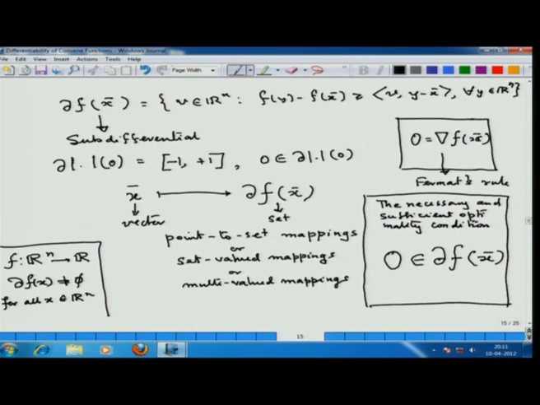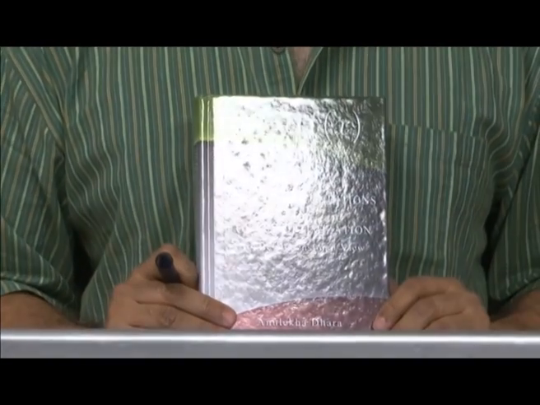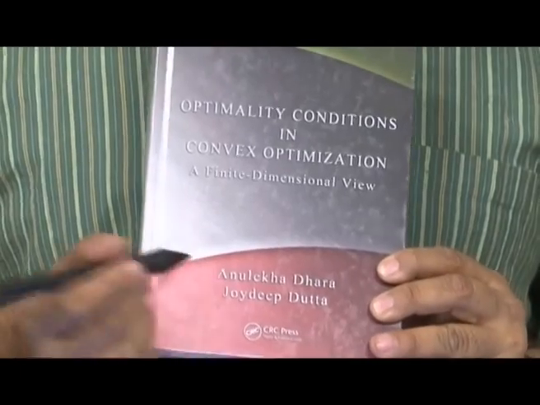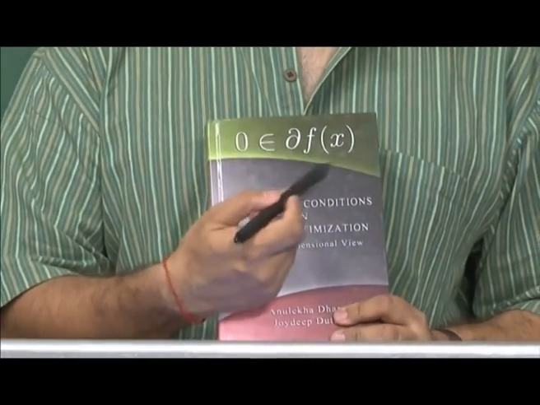So, the whole of convex optimization, the optimality criteria is actually nothing but trying to tell this in many ways. In fact, our recent book that I want to show you, which has come out in convex optimization with myself being one of the authors, with Dr. Dhara, professor at IIT Gandhinagar. You see that this symbol, 0 belonging to del f(x), has been on the cover.